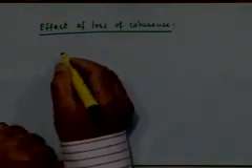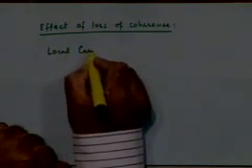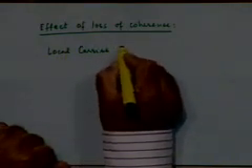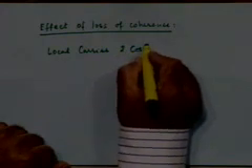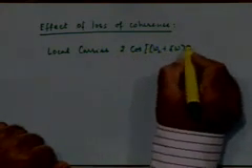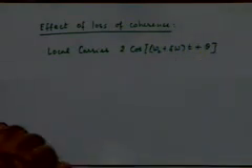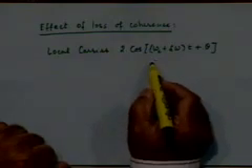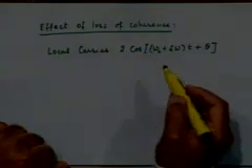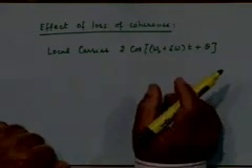Okay. Suppose your local carrier is of the kind 2 cosine (omega c plus delta omega) t plus theta, right? Your incoming carrier is omega c t, but your local carrier has a slight frequency perturbation, right?